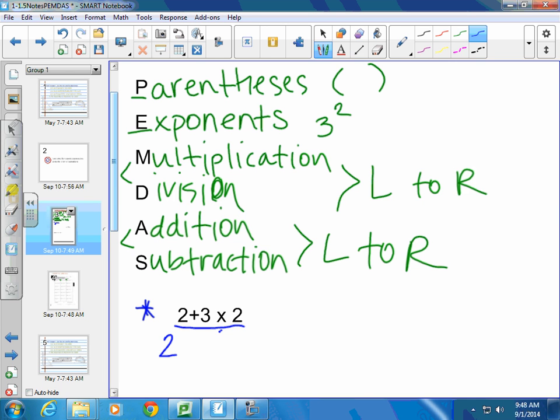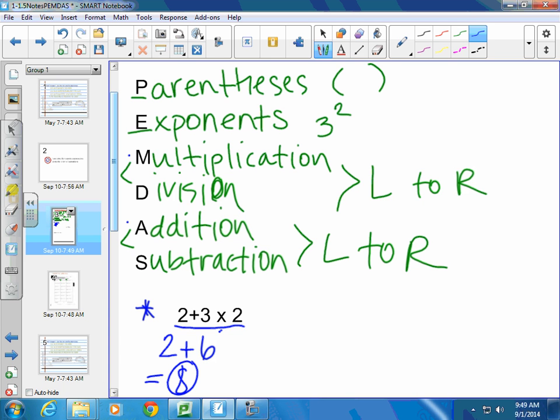So I'm going to bring my 2 and my addition sign, and then I am going to solve 3 times 2, which is 6. Okay? So I've gotten up to here for my PEMDAS, so then there's no division, but I do see addition, so that's my next step. So then I get 8.